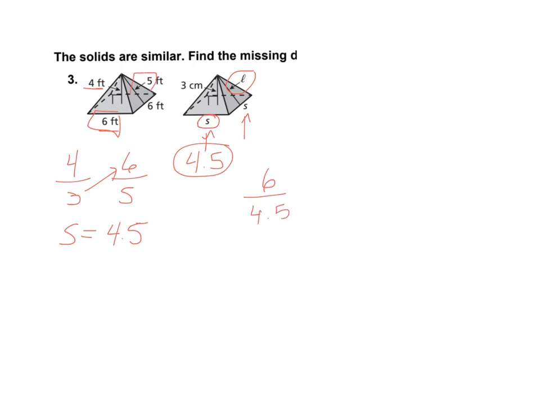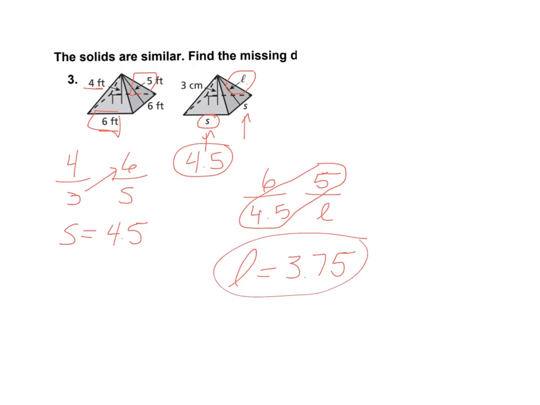And then 5 is in the same position as this L. So 5 corresponds to L. Now we're going to cross multiply. 4.5 times 5 equals, and then you're going to divide that by 6. That means that our L, our slant height, is equal to 3.75. S was equal to 4.5, L was equal to 3.75, and that's how you do number 3.